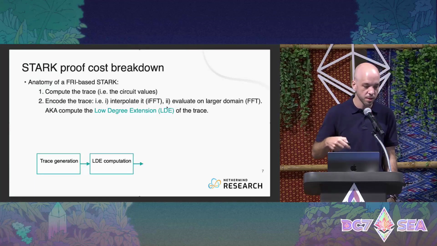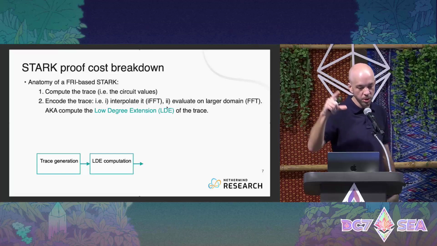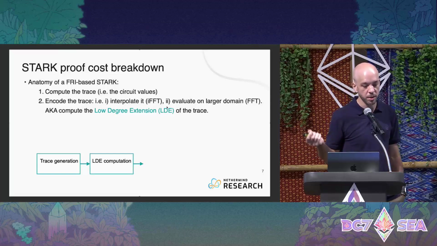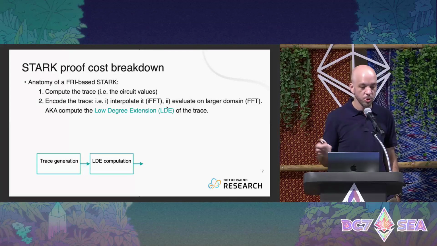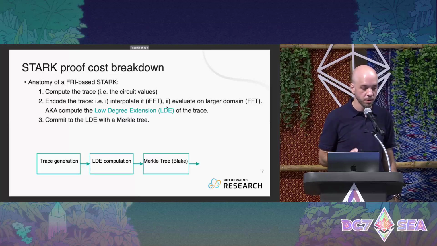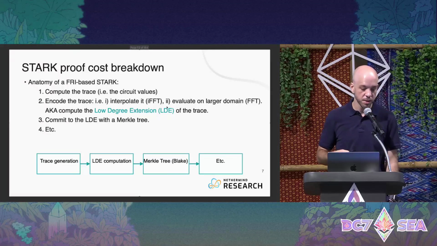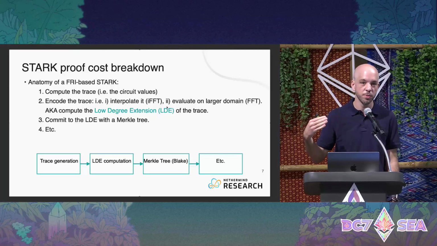For this, it interpolates the columns of the trace, and then it evaluates the polynomials on a larger domain using inverse FFTs and FFTs. This is called computing the low-degree extension of the trace. Then the prover commits to this low-degree extension using a Merkle tree. And finally, there's some quotienting. The prover takes some quotients and applies FRI, and so on.